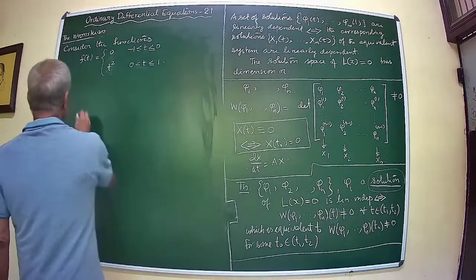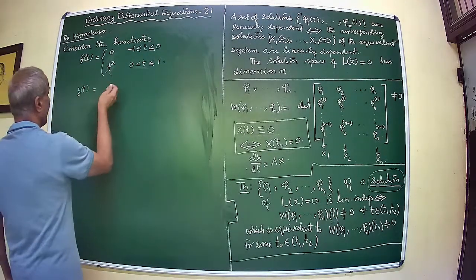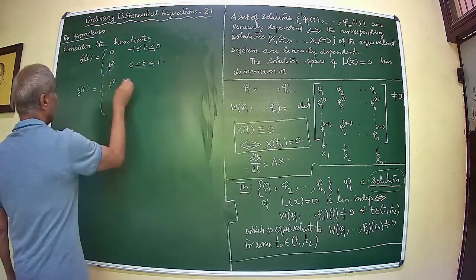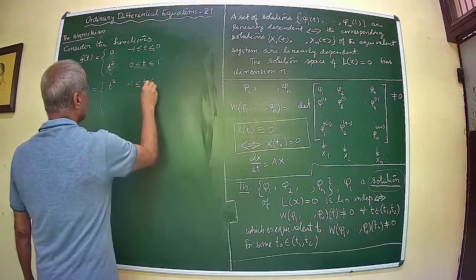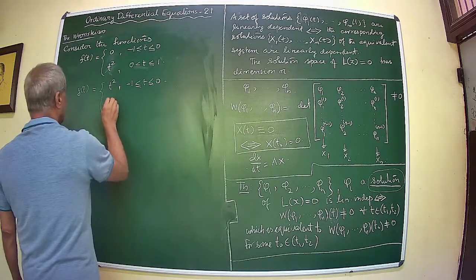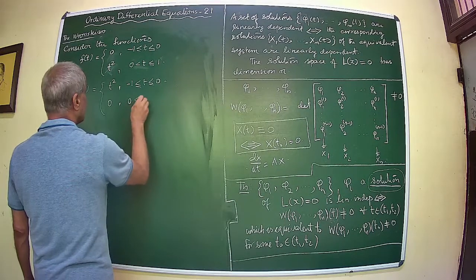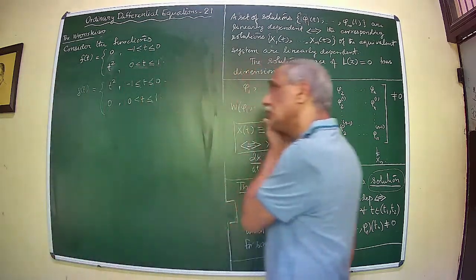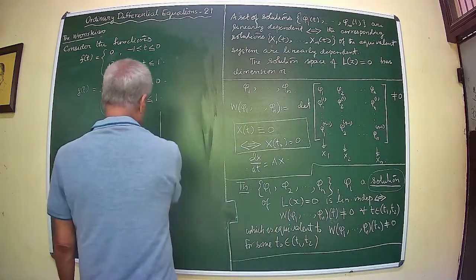And you define g(t) as t² for -1 ≤ t ≤ 0, and 0 for 0 ≤ t ≤ 1. Consider these two functions. What do the graphs look like?